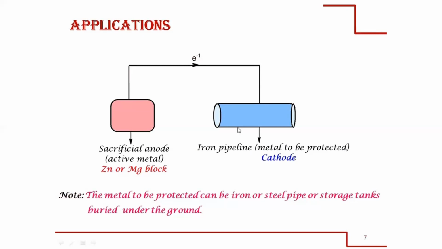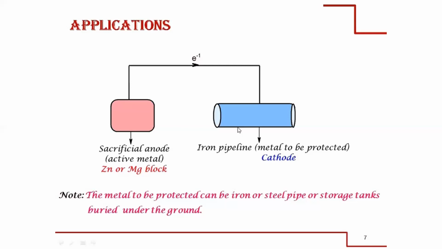Now, two dissimilar metals are in contact with each other. The metal with the lower reduction potential is taken as anode. This is the galvanic corrosion. Zinc or magnesium are more active, so they are considered the anode and undergo corrosion.